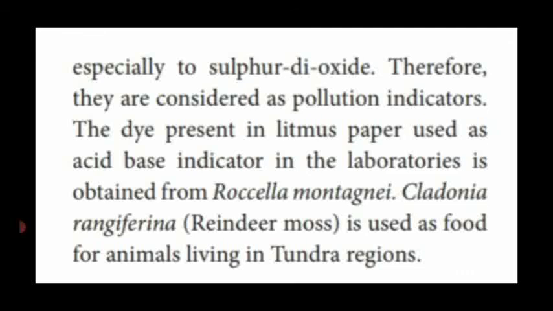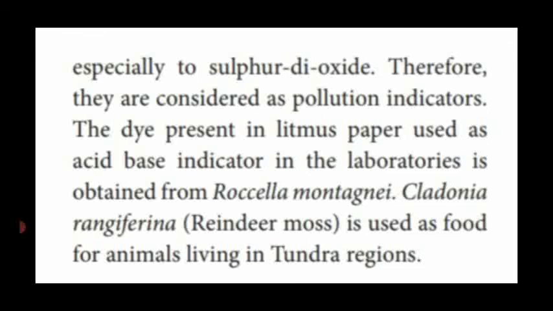So these are all the different economic importance of lichens. Some of them are used to produce acids. Those acids are used to corrode the rock surface and cause weathering in the rock region. Some of them have antibiotic properties.